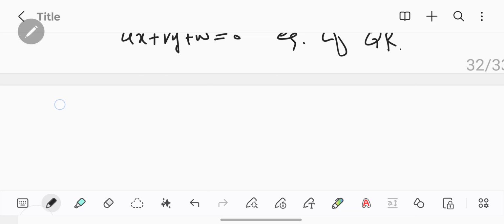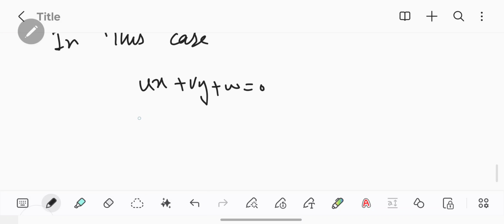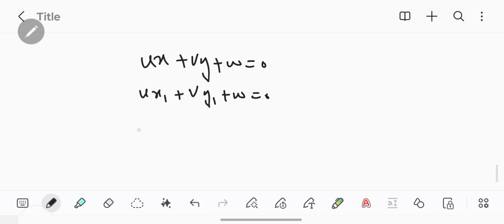And in this case, the system of equations ux plus vy plus w equals 0, ux1 plus vy1 plus w equals 0, and ux2 plus vy2 plus w equal to 0 has non-zero solutions.